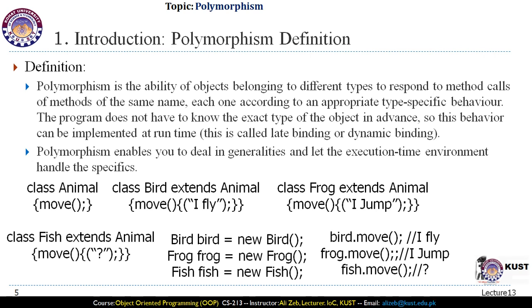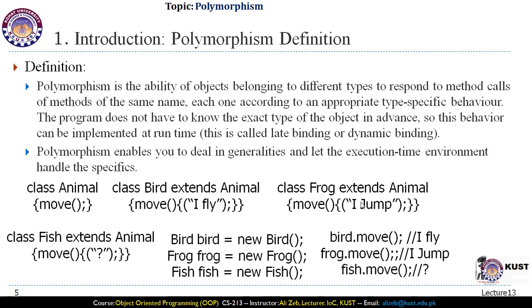If we try to match this example with the definition of polymorphism, we can see that it is the ability of objects belonging to different types to respond to method calls of methods of the same name, each one according to an appropriate type-specific behavior. So each one of these method calls is giving us a different kind of behavior based on the calling object.